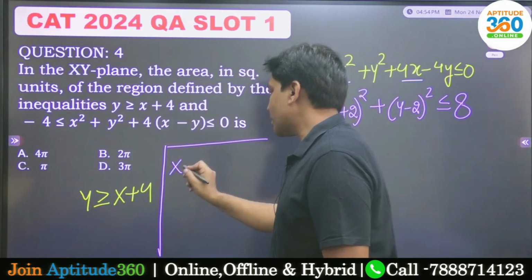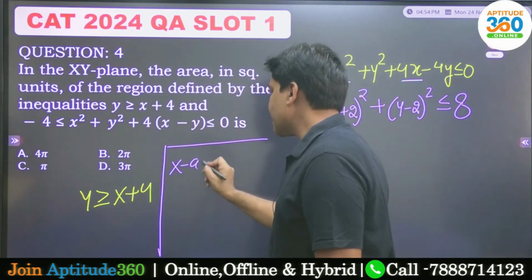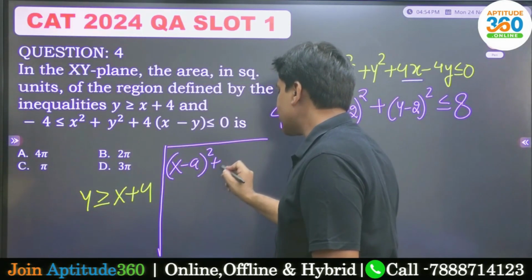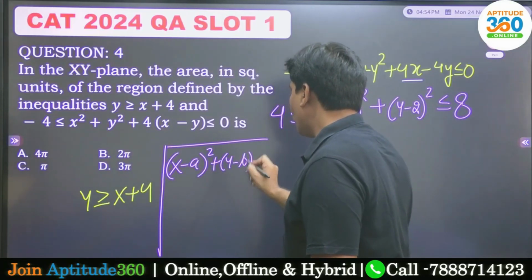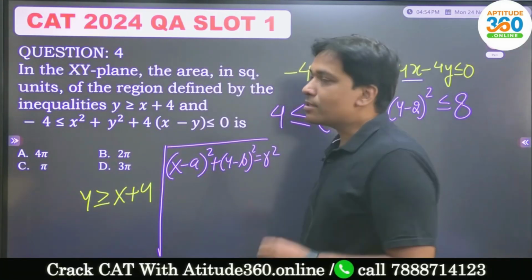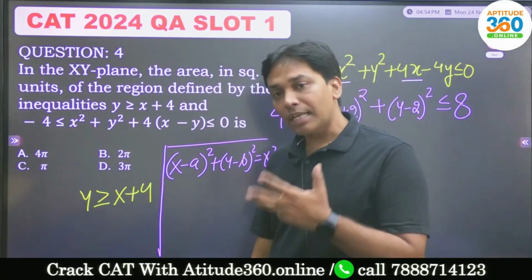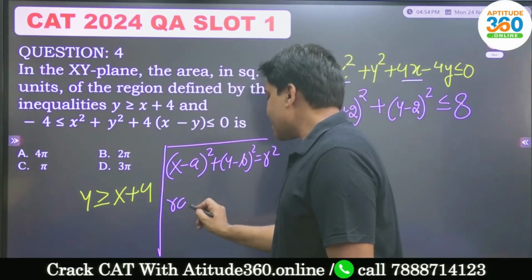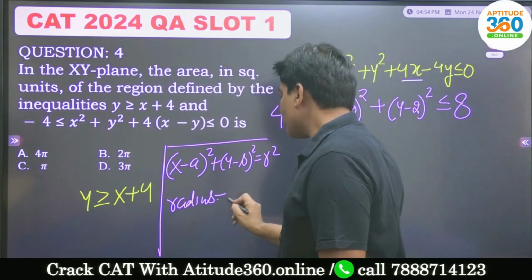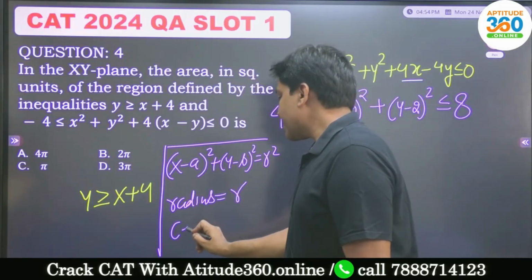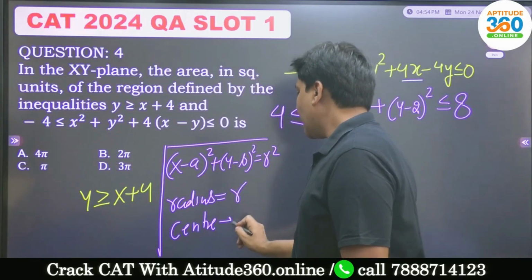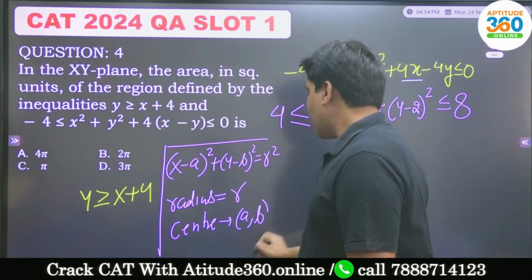We have been taught this in our childhood, that if x negative a whole square plus y negative b whole square is equal to r square, then this is the equation of a circle whose radius is r and whose center is (a, b), isn't it?